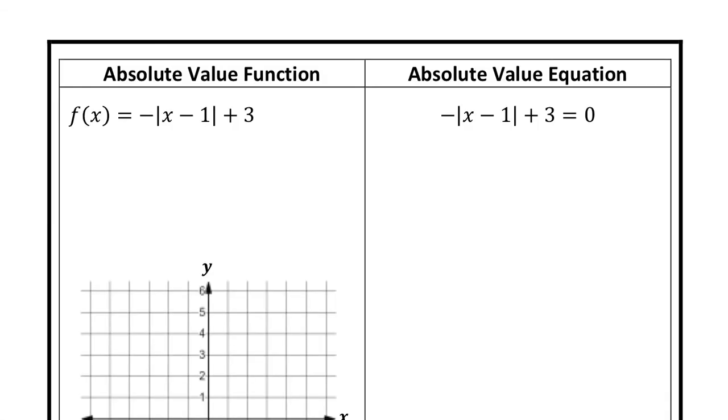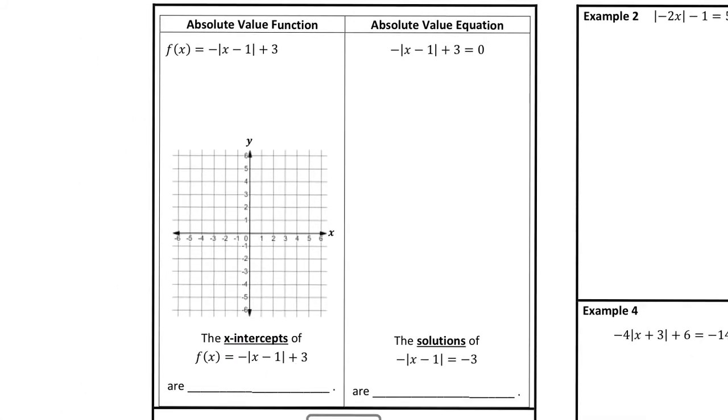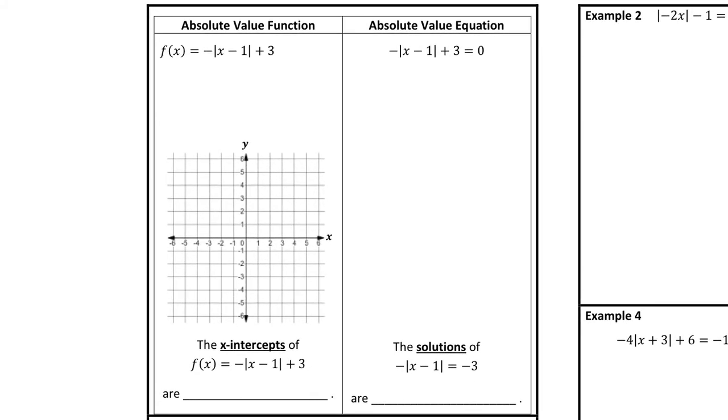And over here in this example, let me zoom out a little bit. Okay, so here we have kind of the same idea, but now we have a couple of transformations happening here. We have this negative in front, which means that it's reflecting over the y-axis.